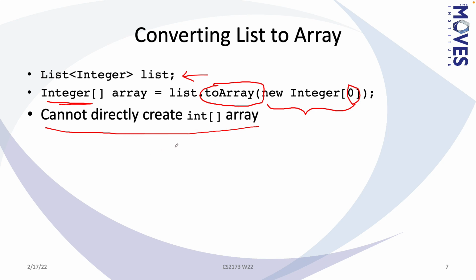So what I could do instead is say something like int array. I have to initialize the array, and every collection has a method called size.